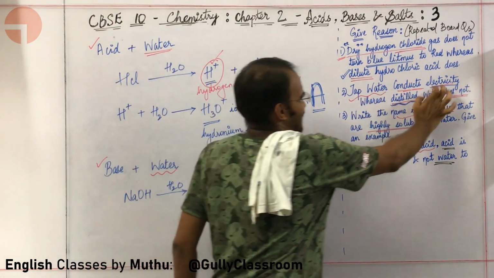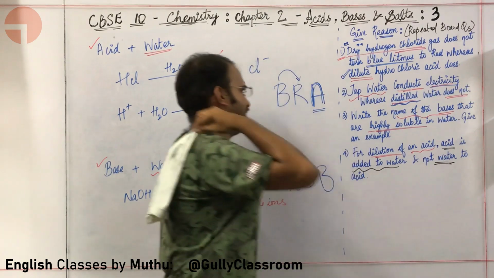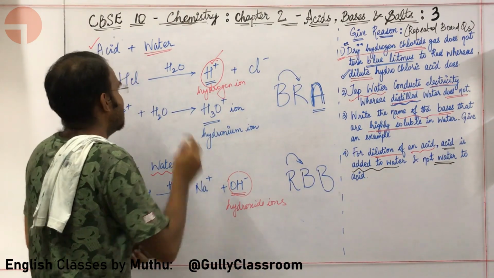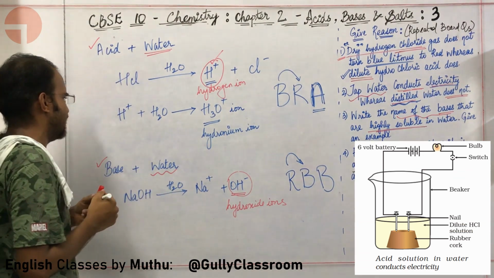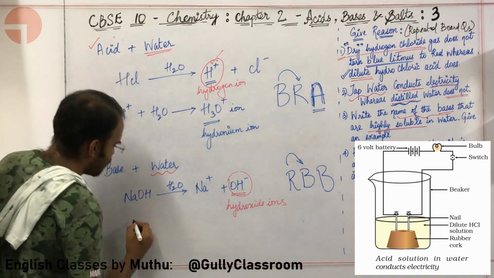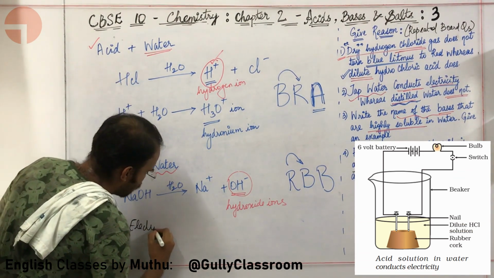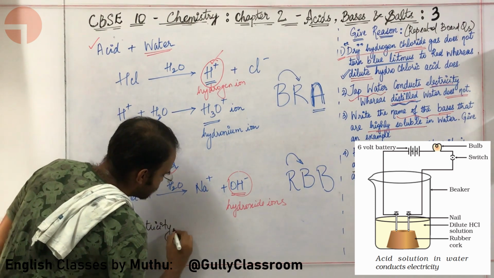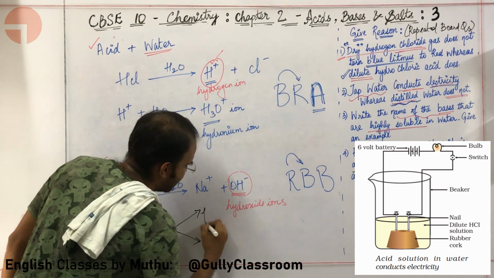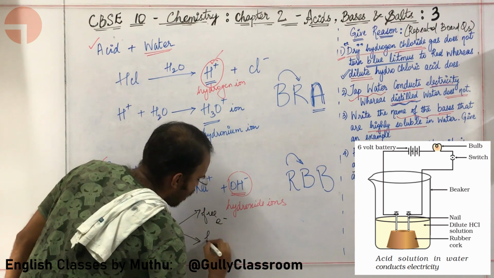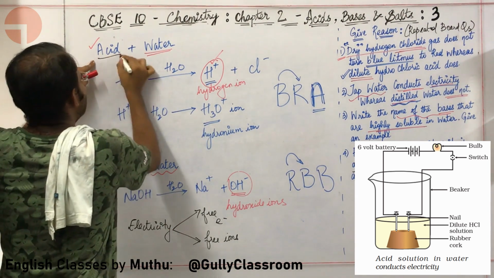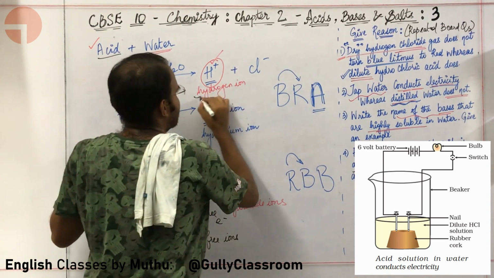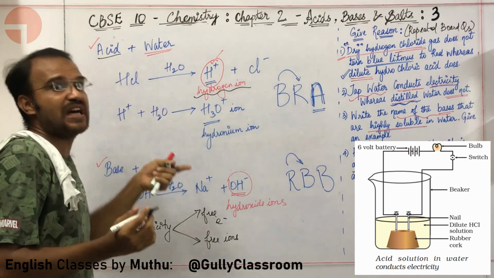Tap water conducts electricity, distilled water does not. Okay, so first look here. What is needed for the conduction of electricity? For conduction of electricity, you need one of two things. You need either free electrons or free ions. When an acid is dissolved in water, you get hydrogen ions which are free ions.